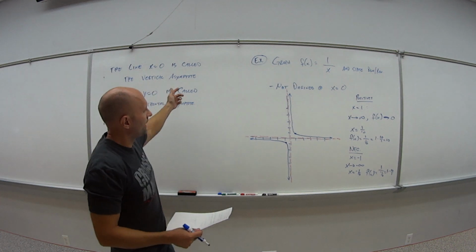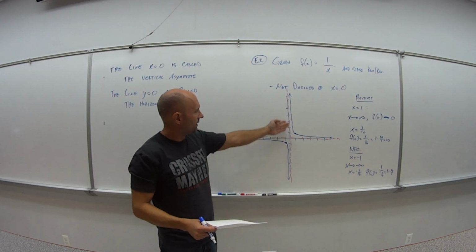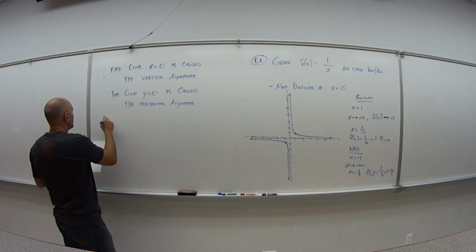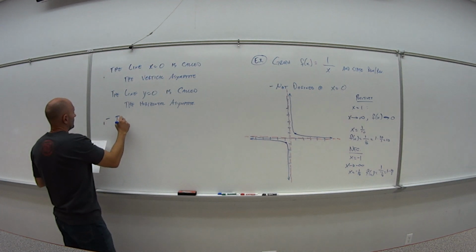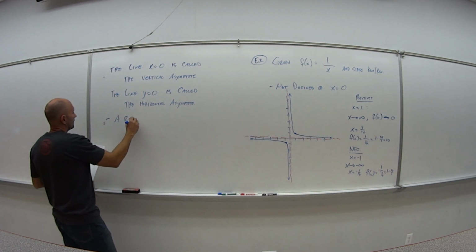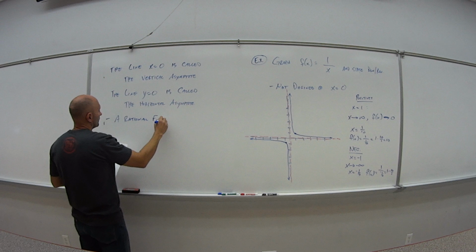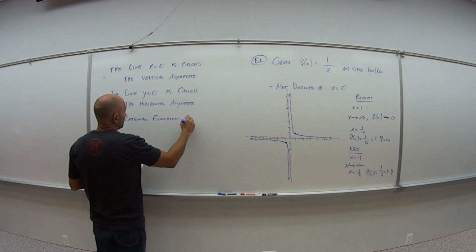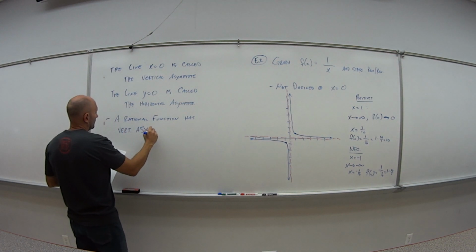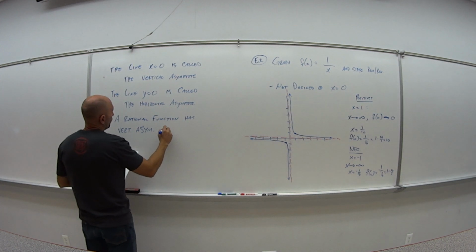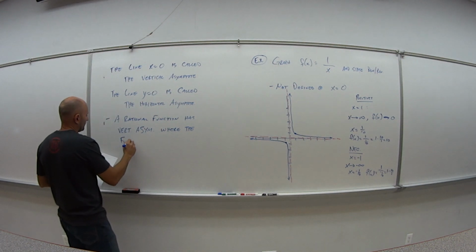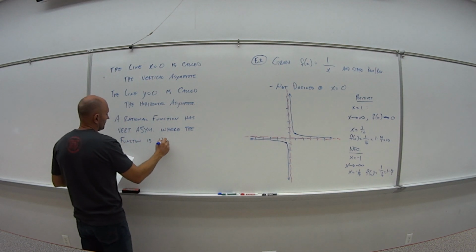And so this vertical asymptote was where? That was when x equals 0, which is where this function is undefined. So that will always be the case that a rational function has the vertical asymptote where the function is undefined.